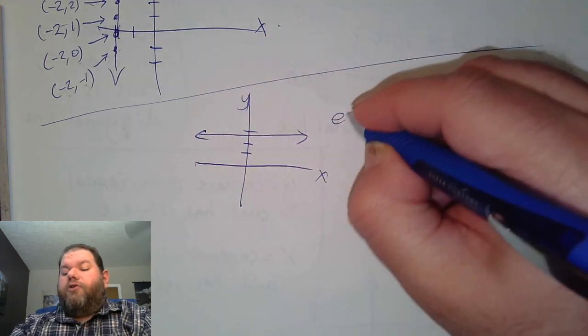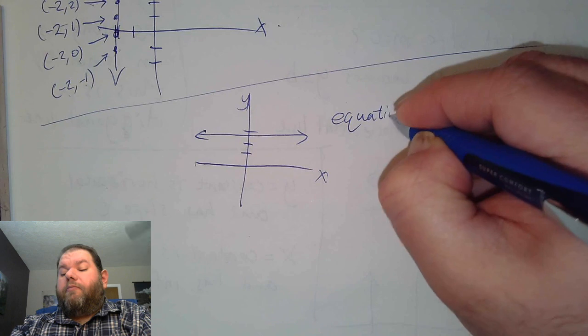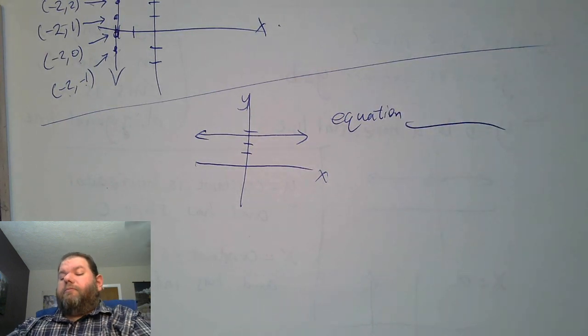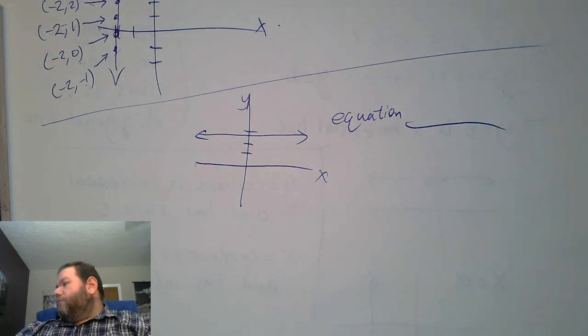So what is our equation here? I drew it a little bit under where I meant to, but take it as a whole number value, please.